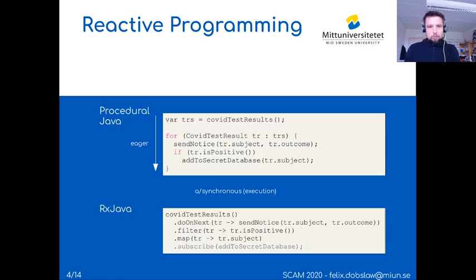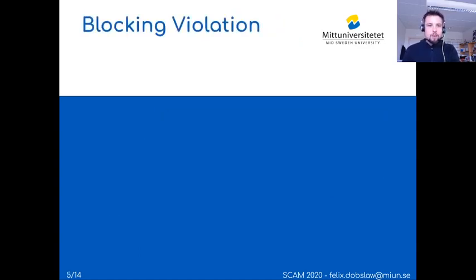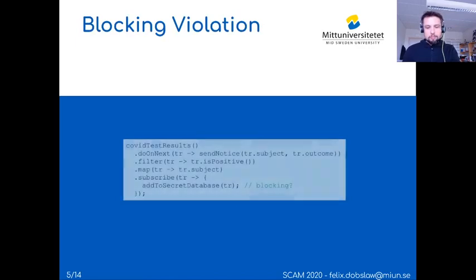So as opposed to the procedural style above, this only gets activated once we call the subscribe method, and then it's started. So there's a lazy evaluation involved. And we also speak of code being blocked if it's synchronously executed, so the thread is being blocked, and non-blocking if it's asynchronously executed.